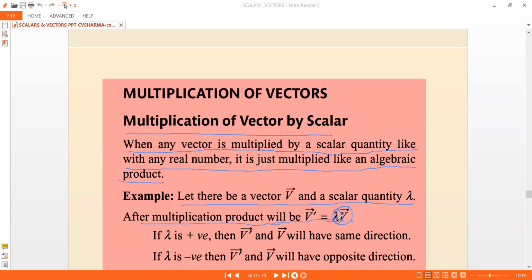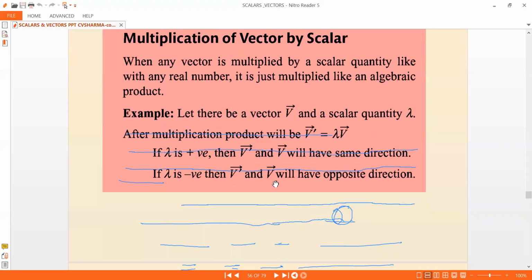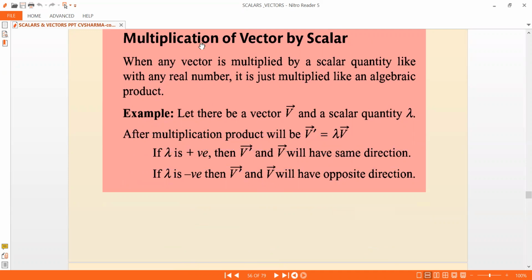If lambda is positive, v dash bar is in the same direction as v bar. If lambda is negative, you get a vector which is opposite to the direction of v bar.